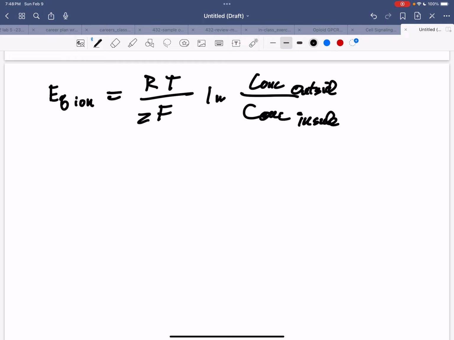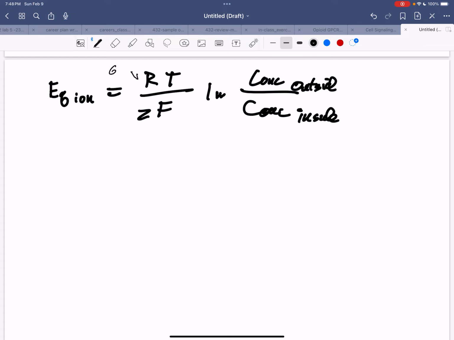So what are these? R is the gas constant. T is temperature in degrees Kelvin. Z is the valence of the ion, +1, -1, +2, and so on. And F is the Faraday constant.